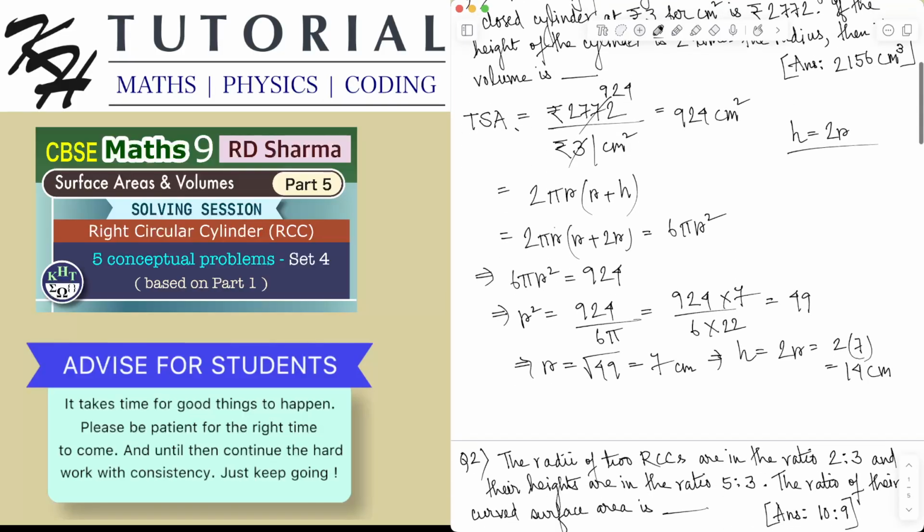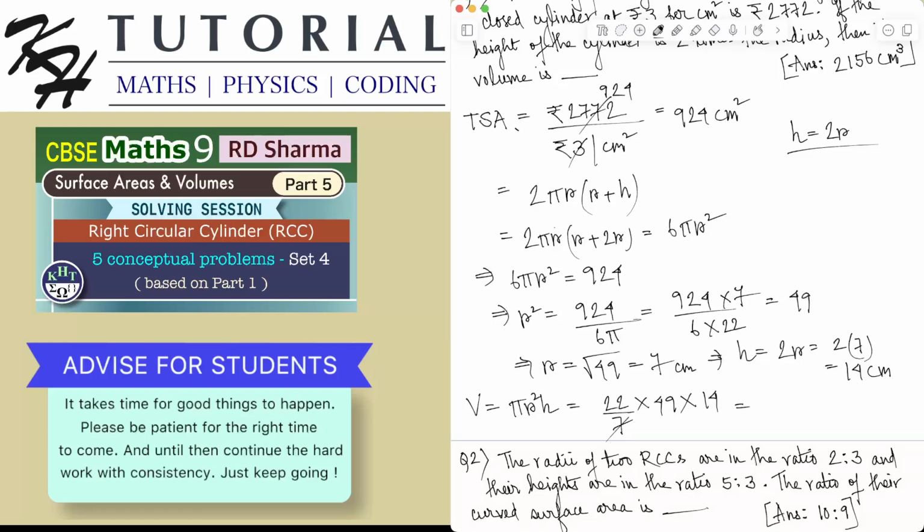So height is 14 centimeter and r is 7 centimeter. Then volume is, we know volume is pi r square h. So pi is 22 by 7, r square we know is 49 and h we know is 14.